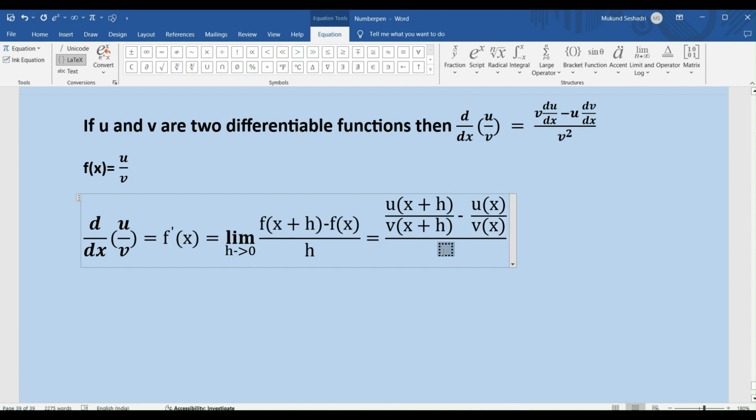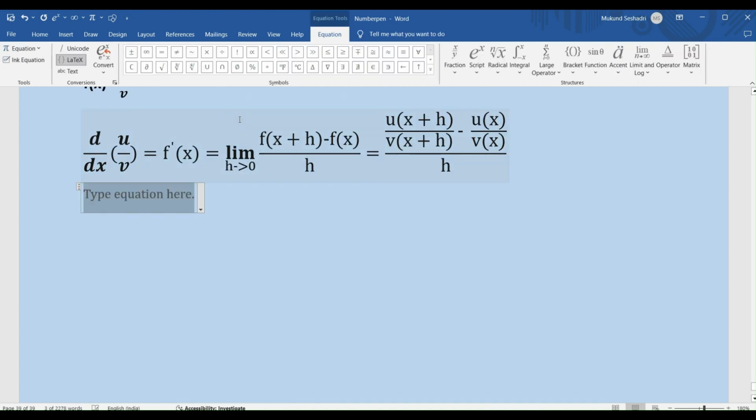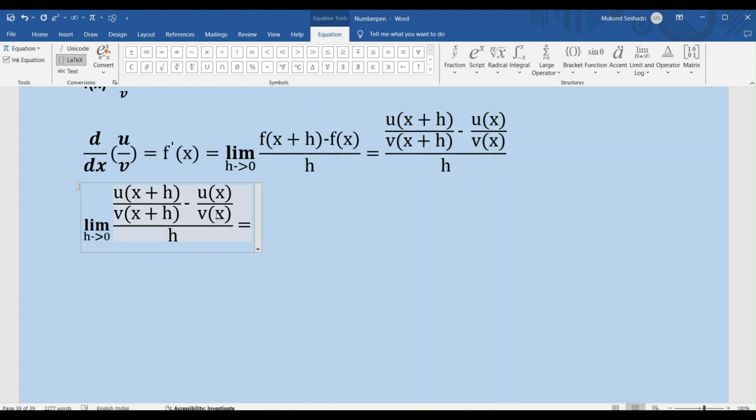I still have my h in the bottom. I'm going to rewrite this expression which we just worked out along with limits. So my limit h tending to 0 of this expression, right? I'm going to do a cross multiplication here.